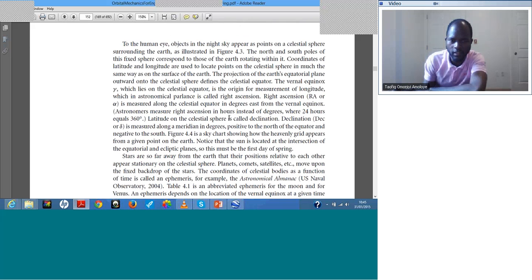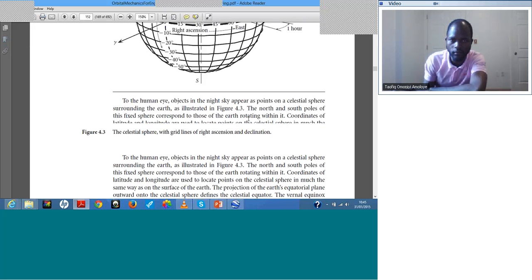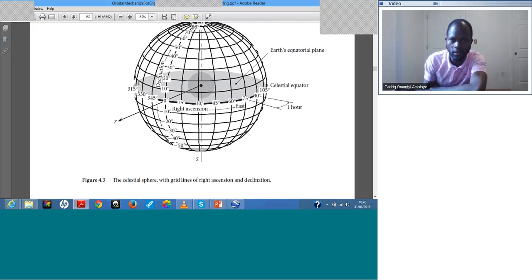So latitude on the celestial sphere is called declination. These are lines of latitude on the celestial sphere, and they are called declination.